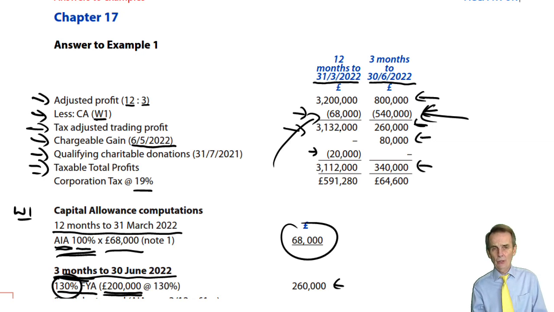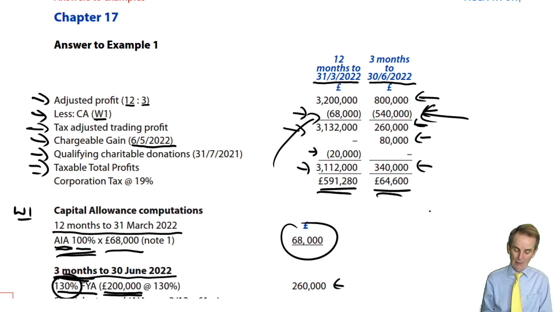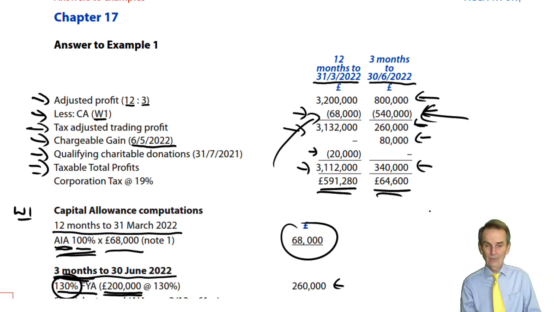They would be deducted in deriving the total profits, which gives us the TTP of £3,112,000, taxed at 19%, and that's going to give us our corporation tax liabilities as we see there.